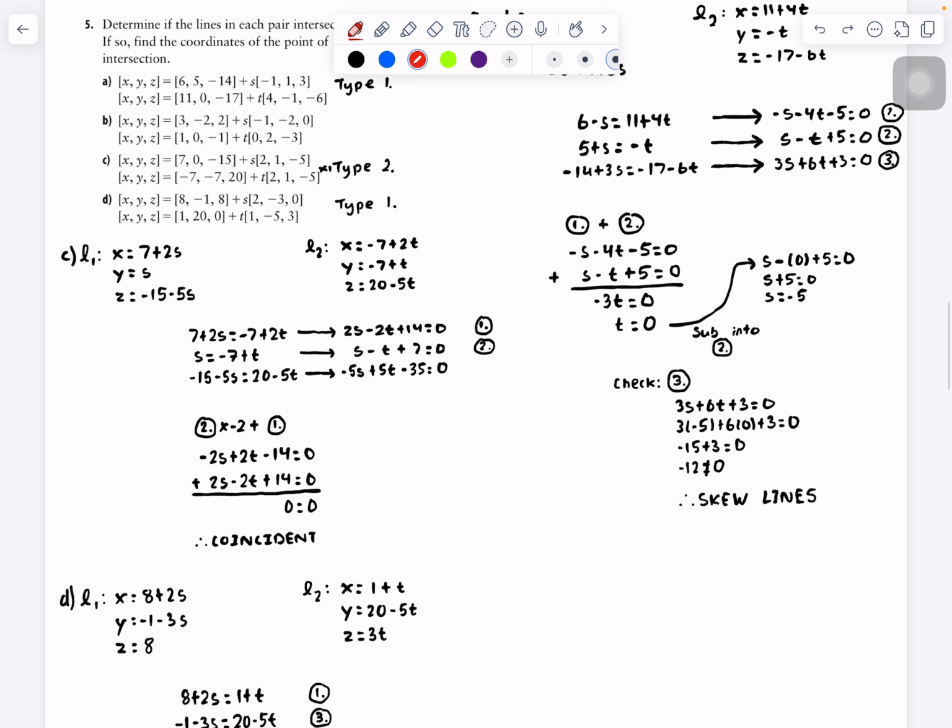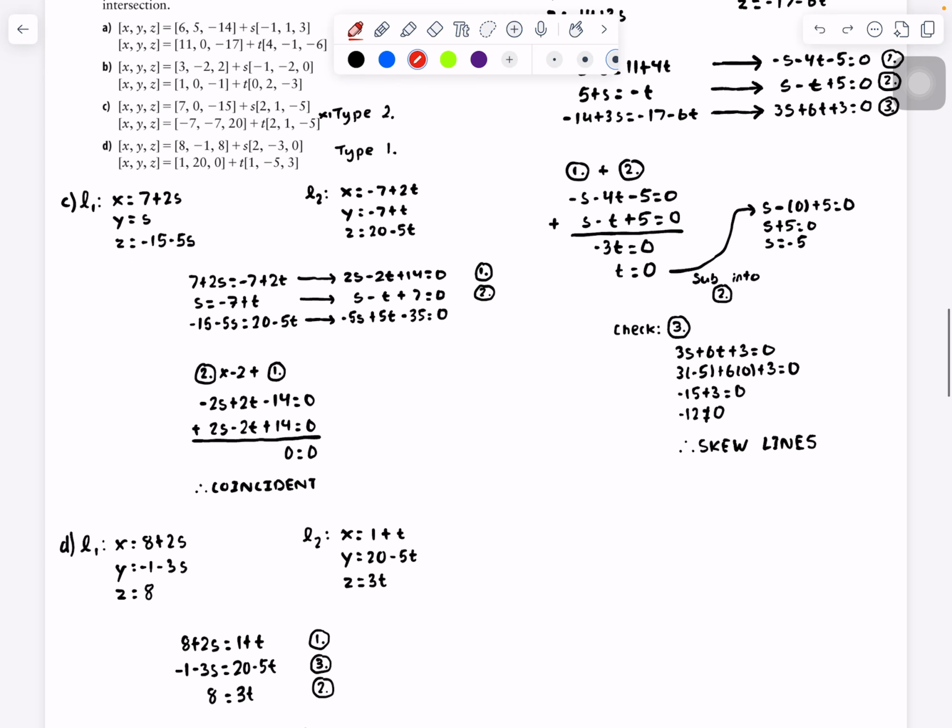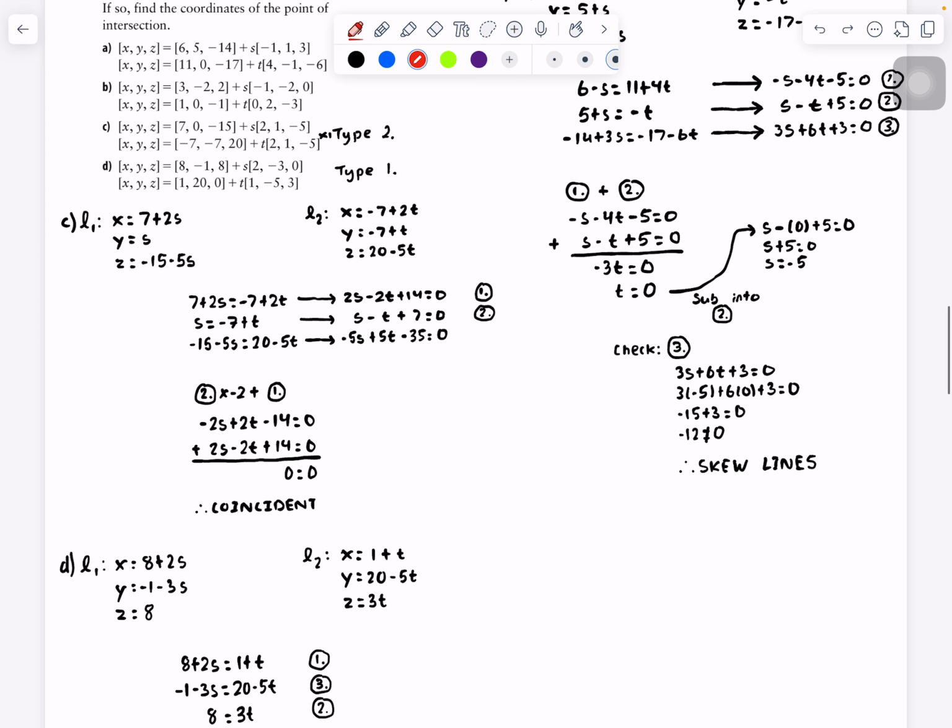Okay, good. I labeled 1 and 2 for what I'm going to do elimination with. And I got a statement at the end, which is 0 equals 0. This is clearly a mathematically true statement, and it's a type 2 problem, meaning the lines are coincident. Okay? I just wrote therefore coincident, but I guess I could write coincident lines.